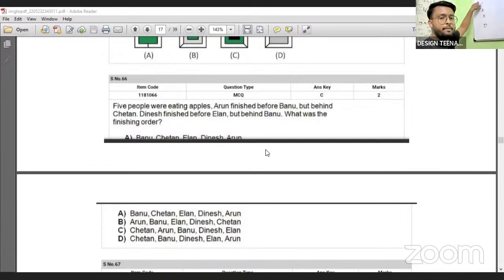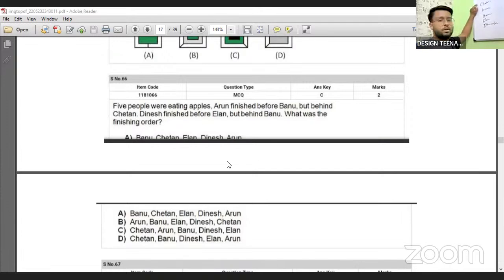Hence the statement that he is behind Banu wouldn't have been true. Hence E is over here, Ellen. So this is Ellen, this is Banu, this is A for Arun. This is Chetan and this is Dinesh.